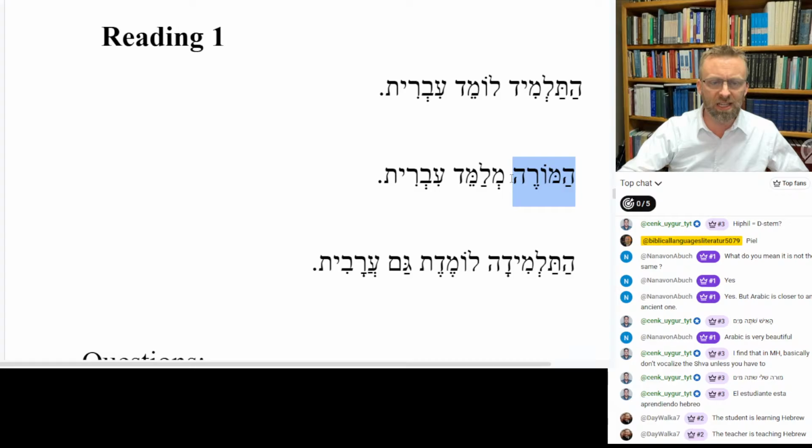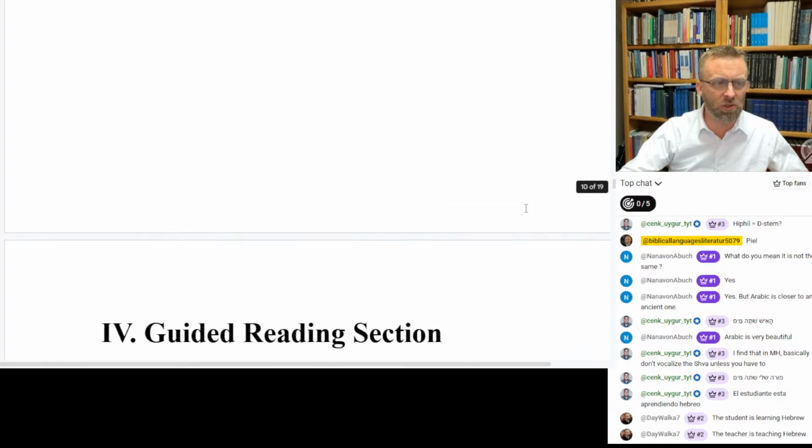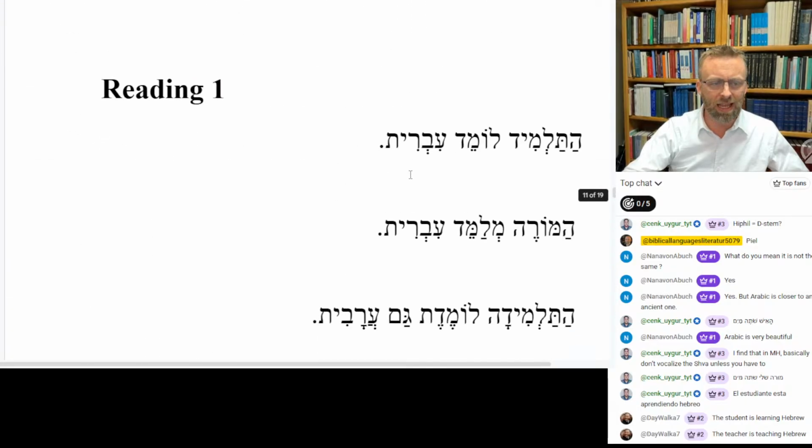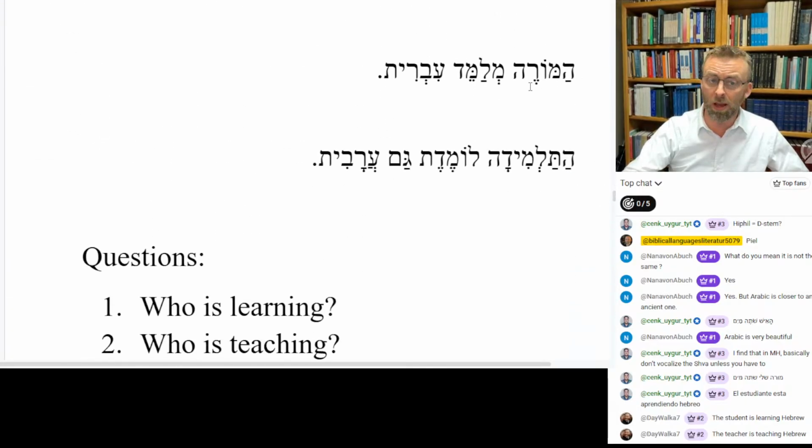Hamore, the teacher, but we say, oh, wait a second. If we take the nikud away, the masculine and feminine look the same. So look up here. Notice that the masculine is more with an E vowel, whereas the feminine is mora with an A vowel. And so when we come down here, hamore, oh, that's an E vowel, must be masculine.